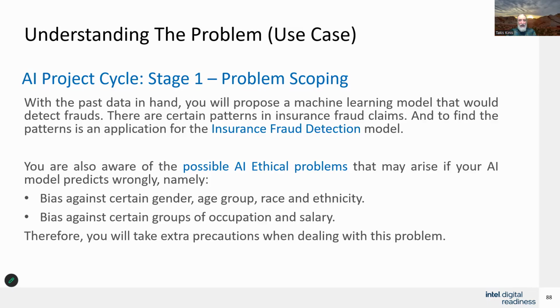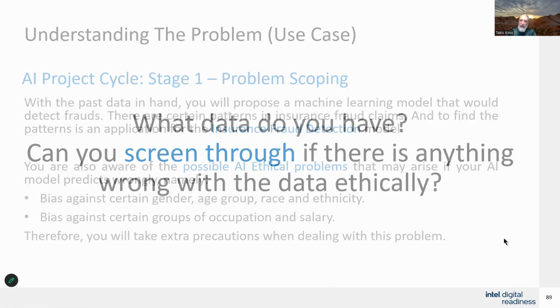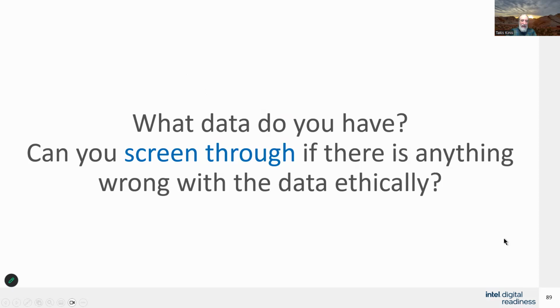Like, we don't want bias in our model, ideally, but biases also exist for a reason because they're usually based on data. So you got to take precautions to make sure that you're not biasing. For example, if all females that put in claims were called fraudulent, that's probably a bias. Probably not real, right? So that kind of thing.